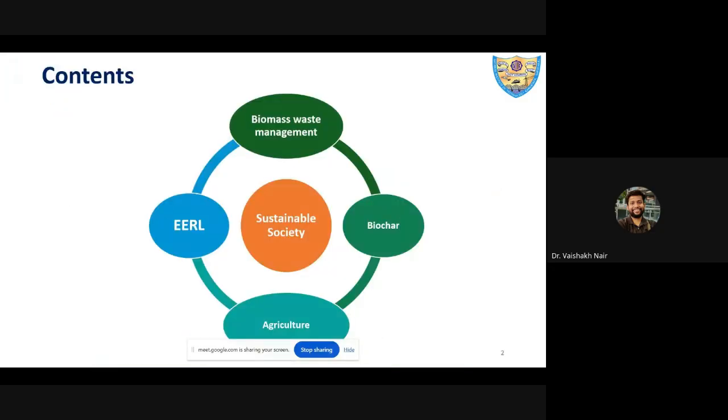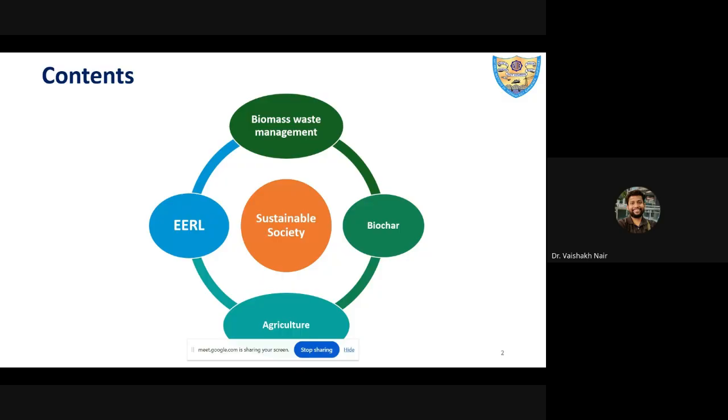Generally, the overall picture of the talk today will be on agriculture, which is sustainable. We'll talk about biomass waste management, where we will talk about biomass, and I'll specifically talk about biochar, which is what I have been working on for the last 5-6 years. I'll try to relate that in general to what people are doing around, as well as what we have been doing in our lab.